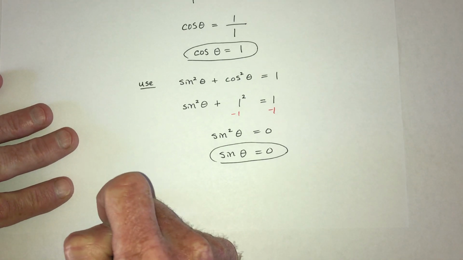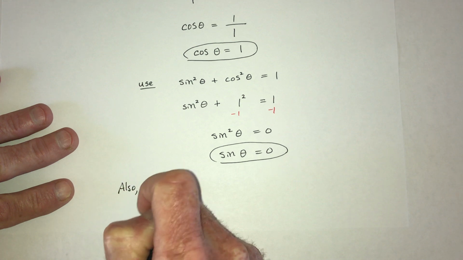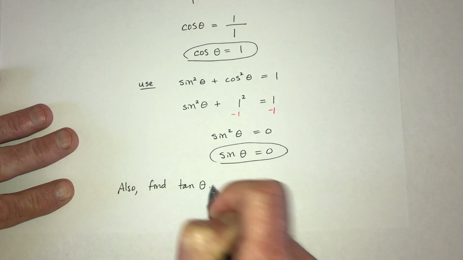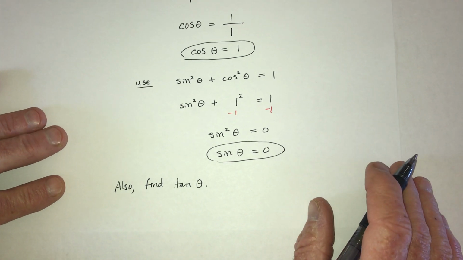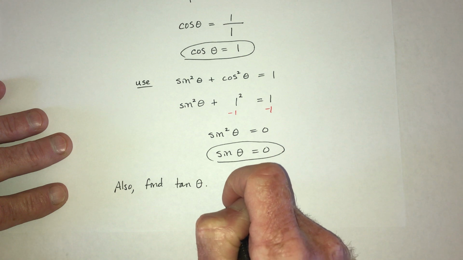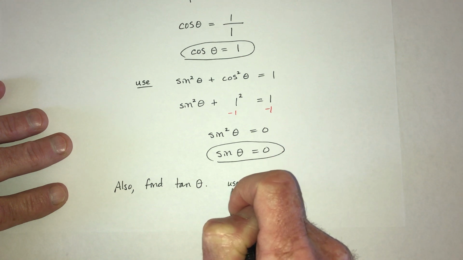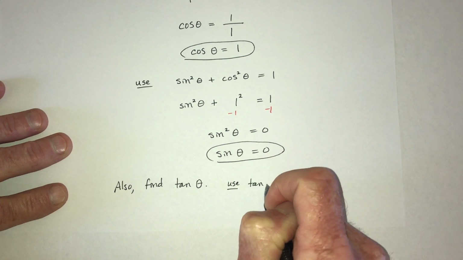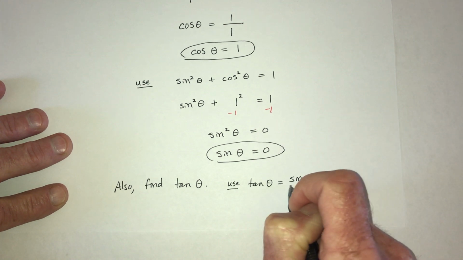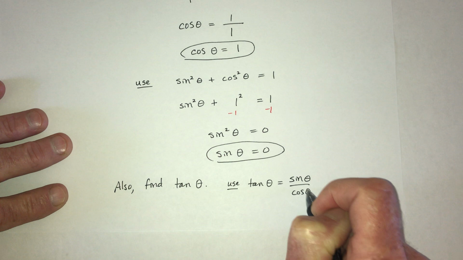Just one more. Also, find tangent of theta. So I could use this identity. Tangent is equal to sine divided by cosine.